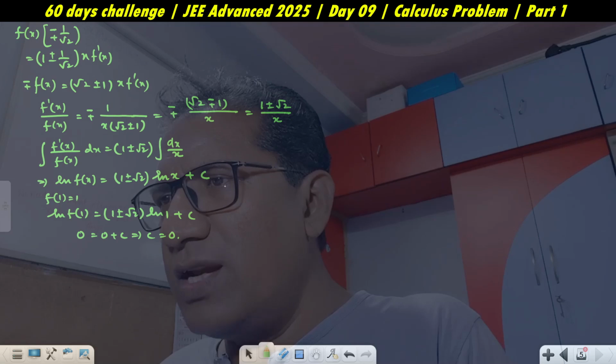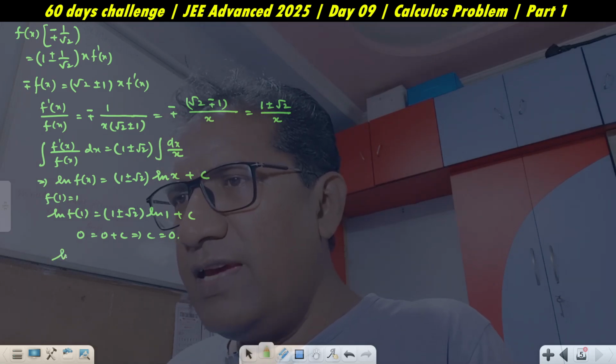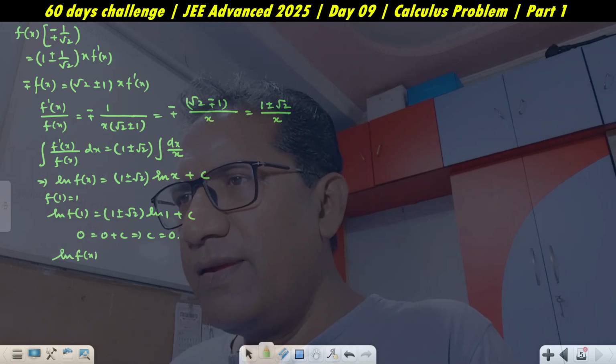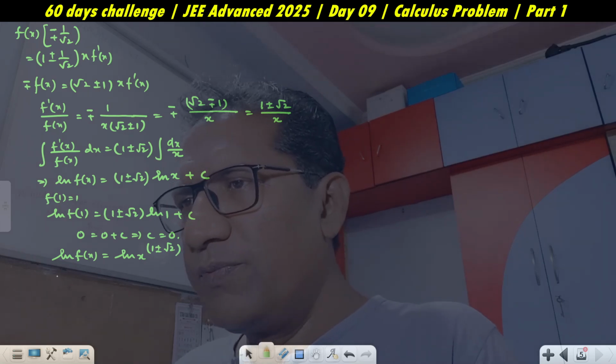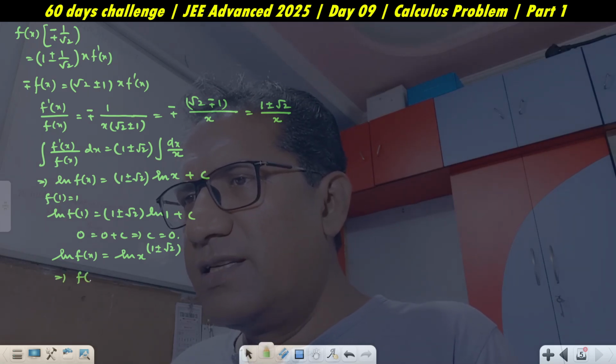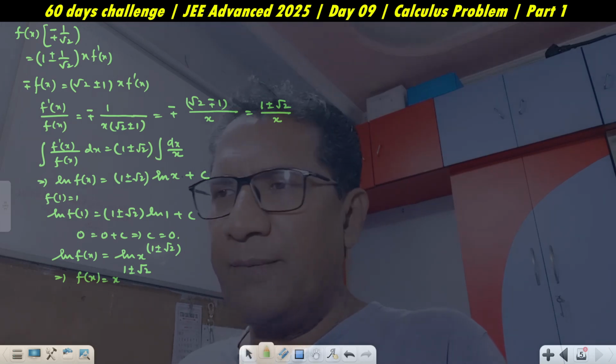So we are actually having the equation like this, f(x) equals to ln x to the power 1 plus minus root 2. That yields f(x) is x to the power 1 plus minus root 2, correct?